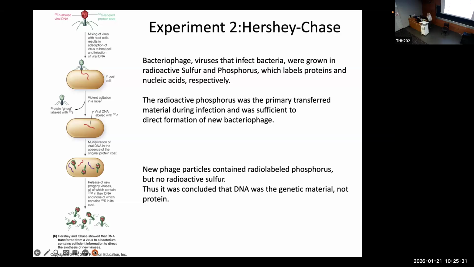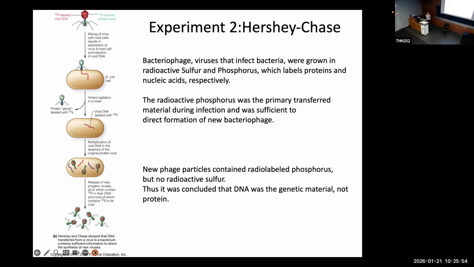Okay. So we have these radioactive phage. They allow them to mix with E. coli, which is the host cell. The DNA gets injected. They then separated the protein coat from the DNA that was injected into the host cell. So they used a mixer and they got rid of these protein coats.